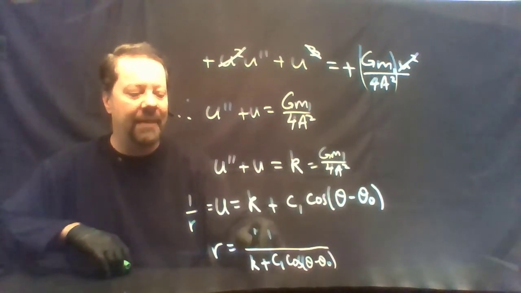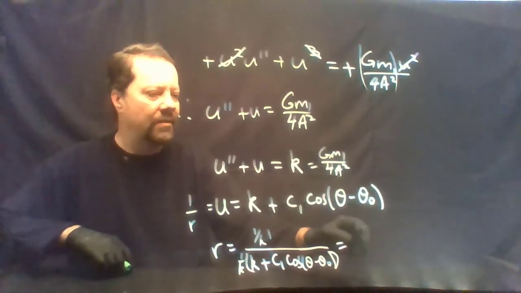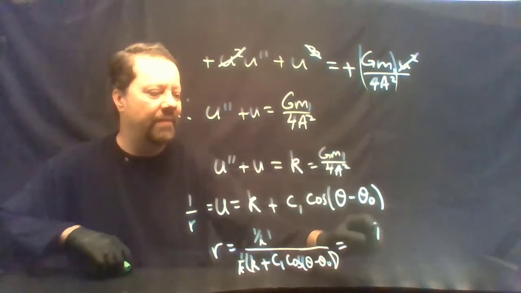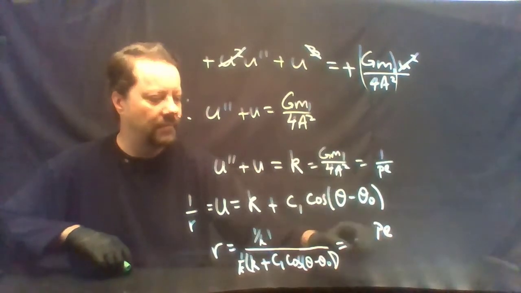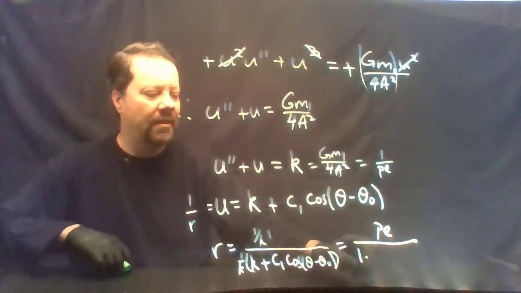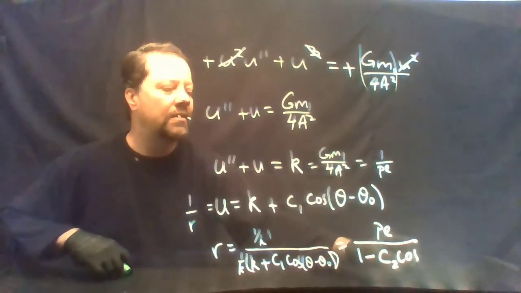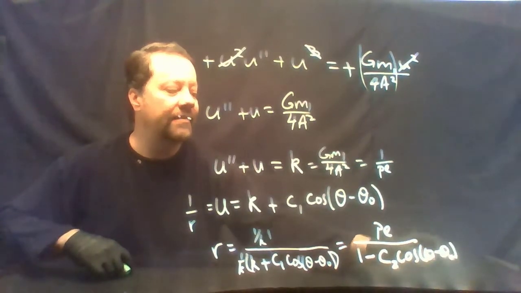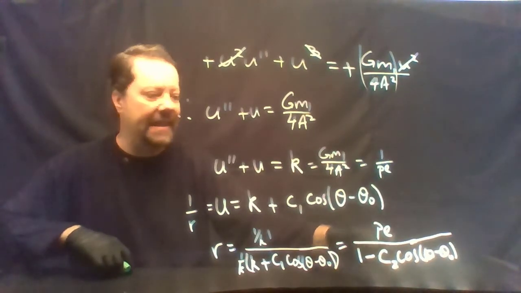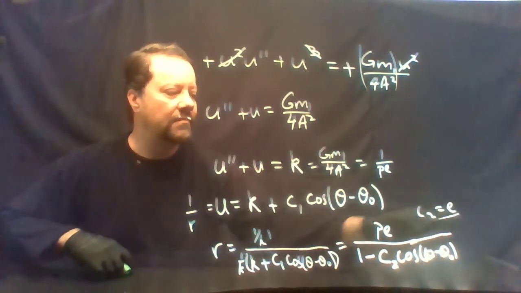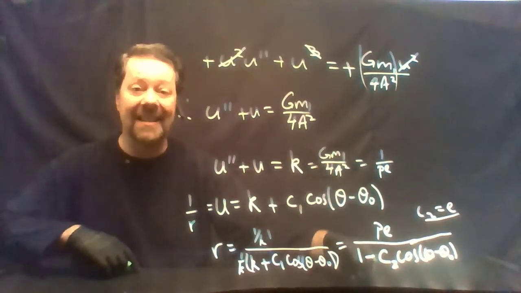If we multiply top and bottom by 1 over k, we'll get a constant, which we'll denote by pe, it's the reciprocal, over 1 minus some constant of integration, which I'll call c2, cosine of theta minus theta naught. And c2 is the eccentricity e. This is clearly identifiable as the second thing I wrote on the board today as a conic section.